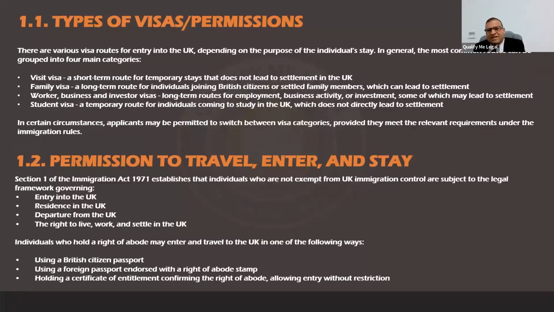What are those individuals? Those people who require entry into the UK, who are residents in the UK, who need departure, who come and go into the UK, and the people who have the right to live and work but not permanently settle in the UK. So these people are always subject to immigration control.